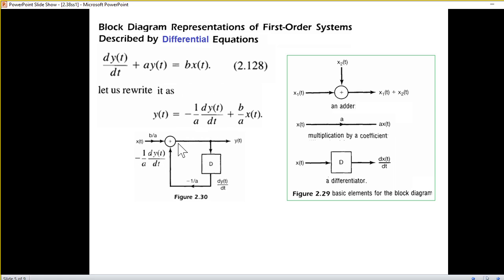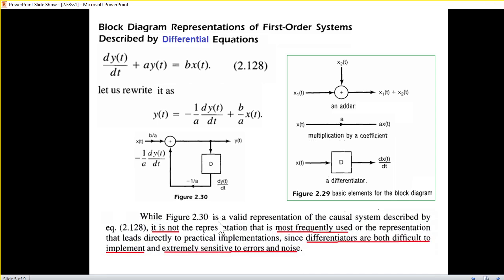This is the feedback, connect y, and then the differentiation D, this gives us dy/dt, and then minus 1 over a multiplier, so we get the feedback part. So this is the block diagram.